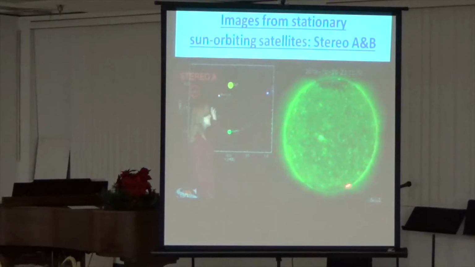This is one of the pictures from STEREO A right here. The advantage is that you can see things that are on this side of the sun as it rotates, and that will be facing Earth a few days later. So you can see what's coming, and that's the whole idea behind these STEREO satellites, A and B.